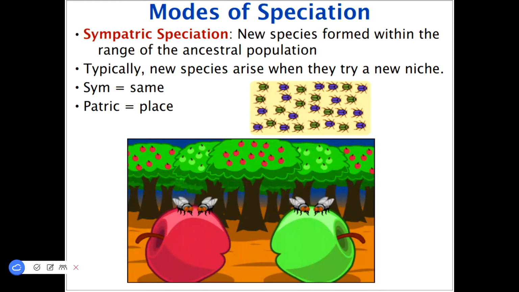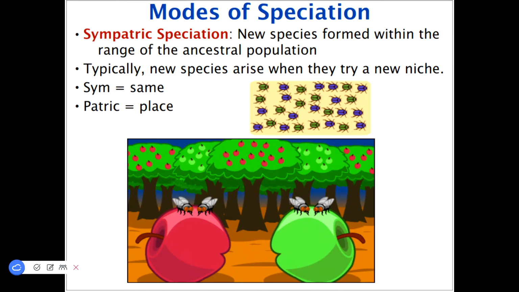If certain flies like to eat and mate on the red apples, and certain flies end up switching over to the green apples and they prefer that, over time what can happen is if the red apple flies only mate with the red apple flies and the green apple flies only mate with the green apple flies, we'll have a change in allele frequency, and the red apple and the green apple flies will become two separate species.